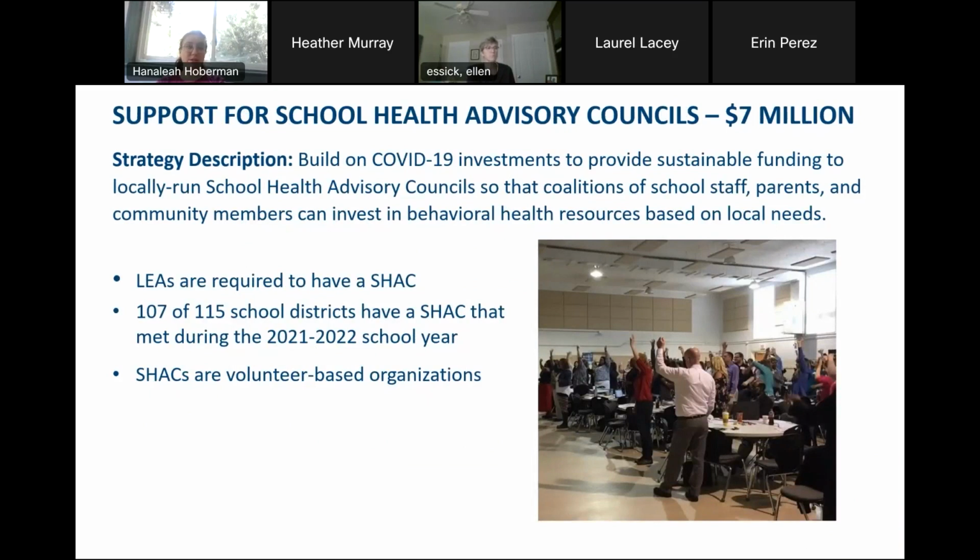So every district in North Carolina, per the State Board of Education, should have a school health advisory council, which is a volunteer-based body of parents, teachers, school staff, and community members that come together to address and inform the behavioral health needs of their students. They also address other health issues, but here we are really focusing on that behavioral health piece.